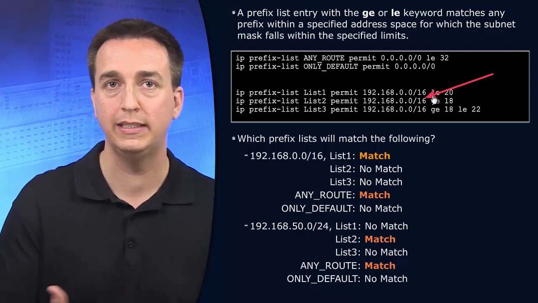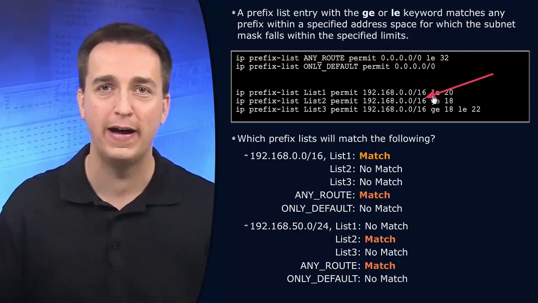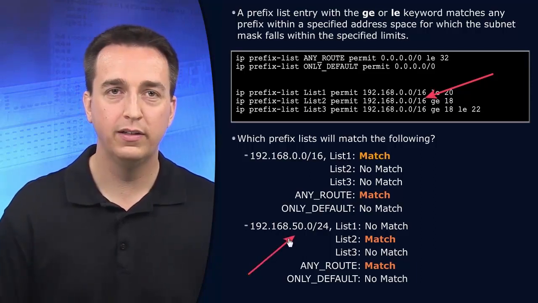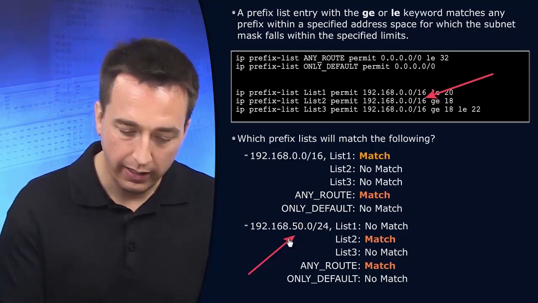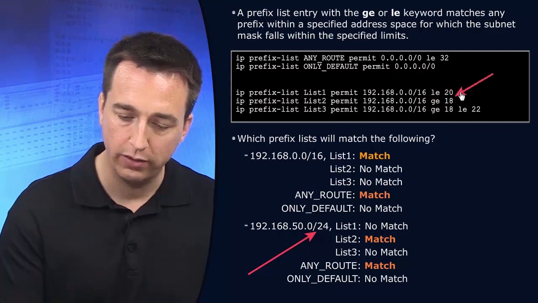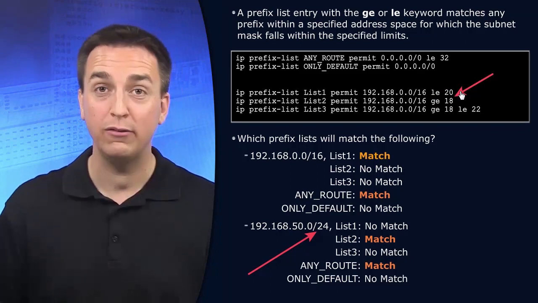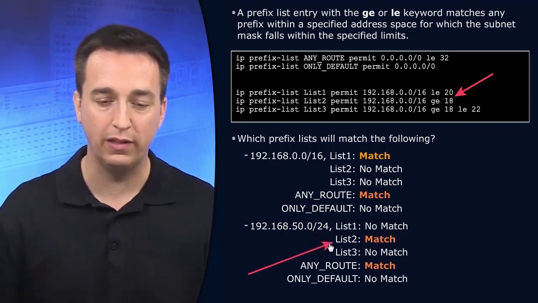So 192.168.0.0 through 192.168.255.255. Does that fall within the range? 192.168.50.0? Yes, it does. So that matches. Is the subnet mask a match? Well, it states here greater than or equal to 18. Is that greater than or equal to 18? Yes, it is. Therefore, list 2 is definitely a match.